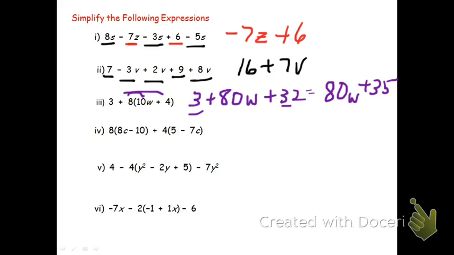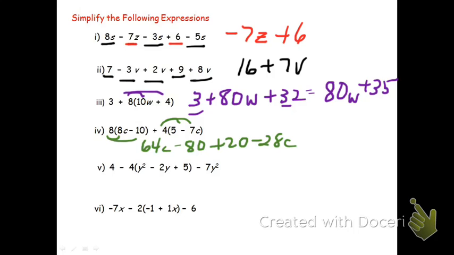Alright, next, here I have to use distributive property twice, so I'll multiply everything over here by my 8, so I'll get a 64C minus 80. Here I'll distribute the 4, so I'll get a positive 20, and then a minus 28C.